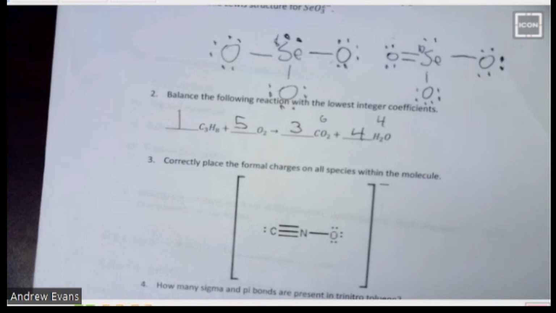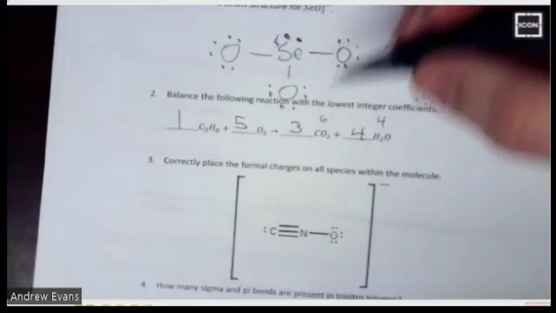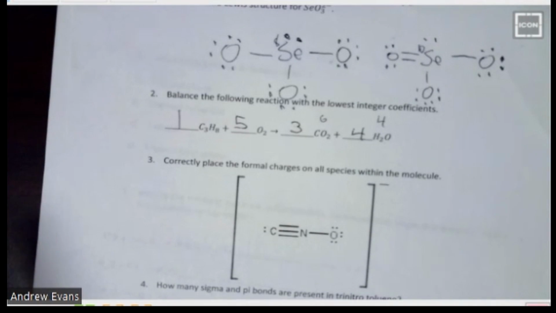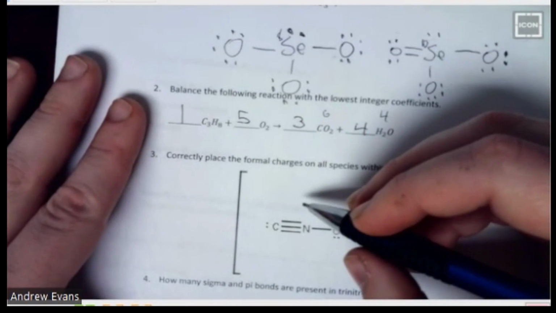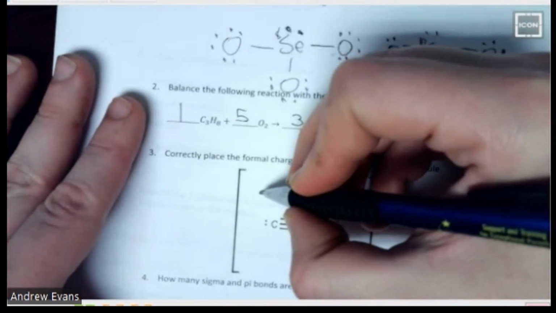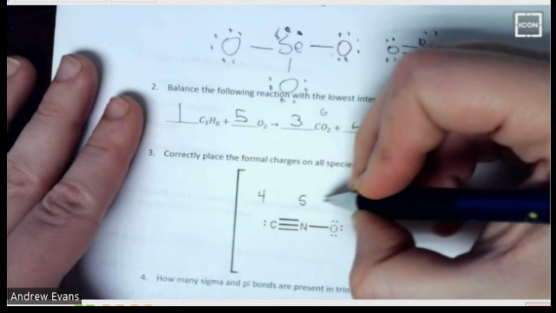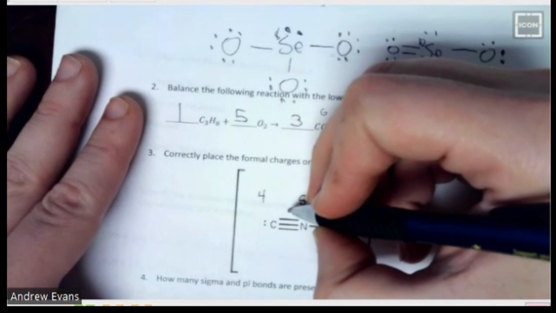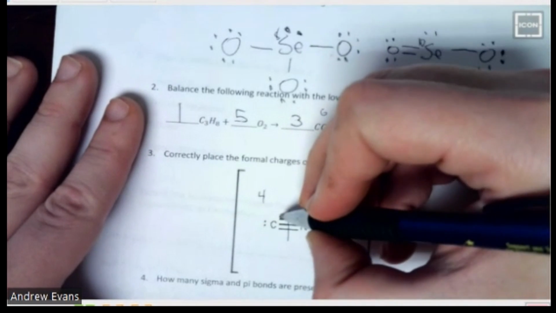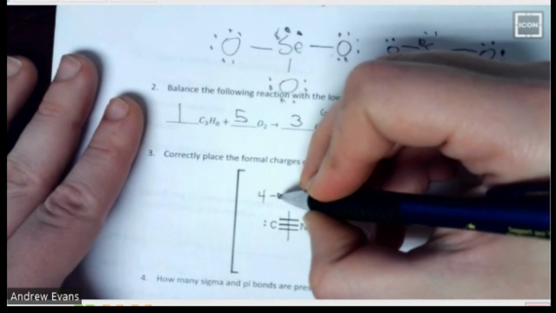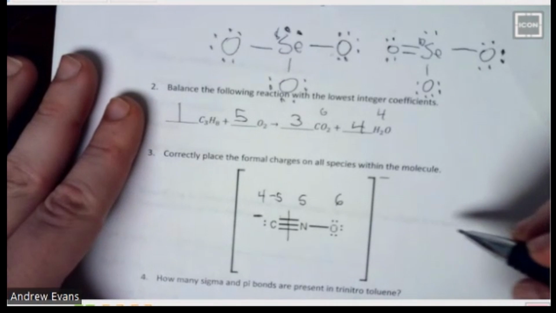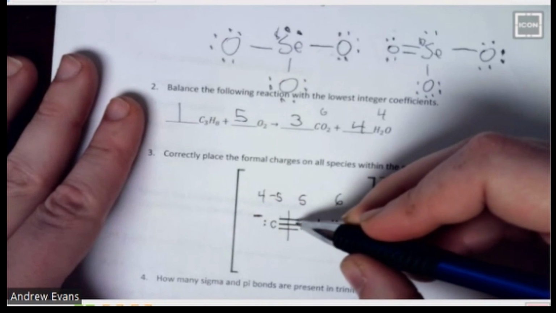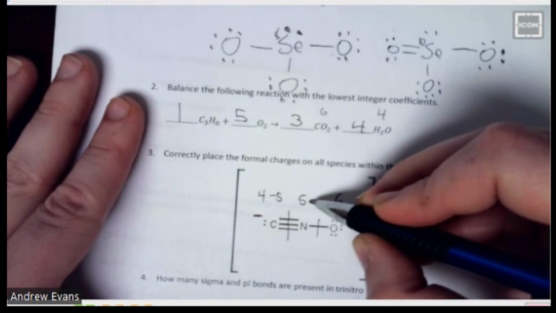When calculating formal charges, you compare the electrons on the atom versus the electrons that should be there. So carbon is group 4, nitrogen is group 5, oxygen is group 6. Carbon, we see 1, 2, 3, 4, 5. Carbon experiences a -1 formal charge. Nitrogen is group 5, 1, 2, 3, 4.